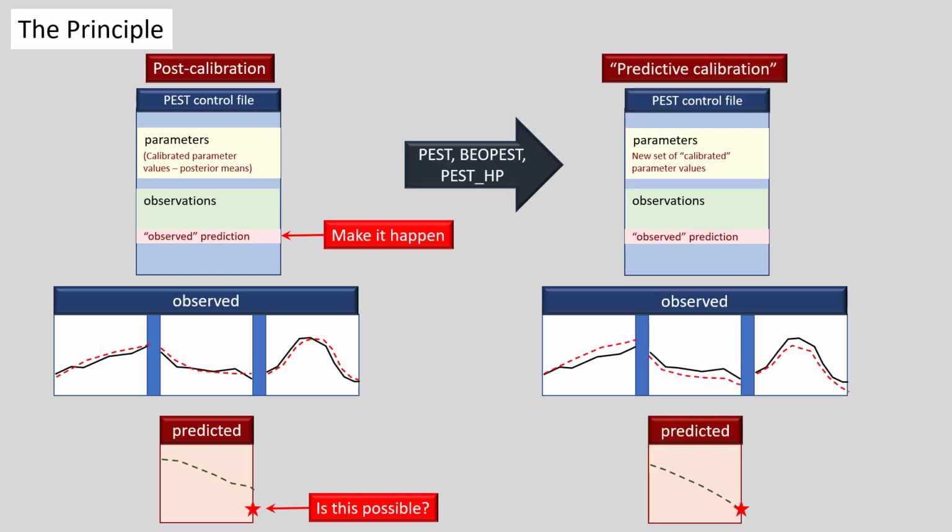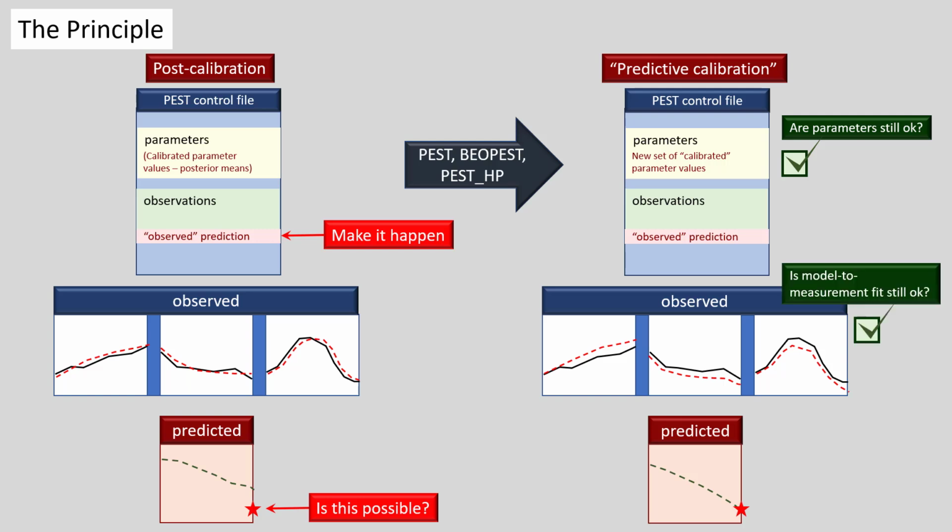If the outcome of this calibration results in a parameter field that's still reasonable, that looks geologically defensible, and if the fit between the model outputs and measurements of historical system behavior still appears to be credible as well, then, as I said, the hypothesis that the unwanted prediction can occur cannot be rejected. Now, in practice, in groundwater modeling, search for uncertainty and you will find.